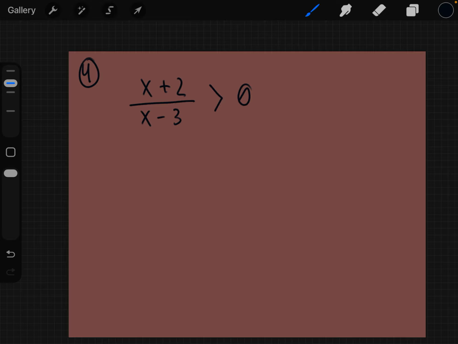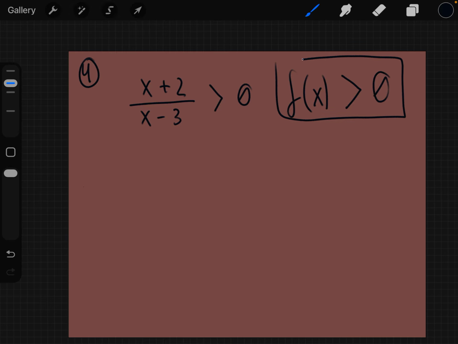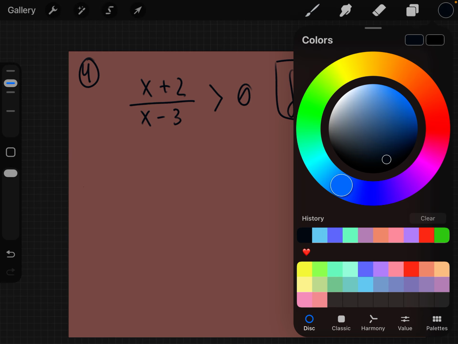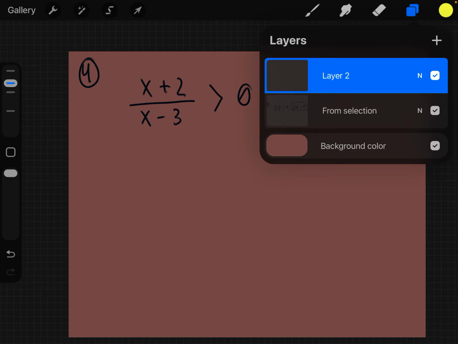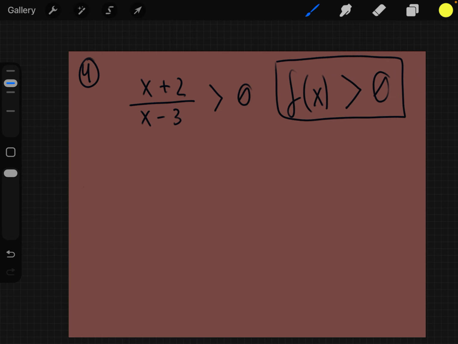Okay, so this is an inequality. We want to write in big letters next to it so we don't forget what we're looking for here.